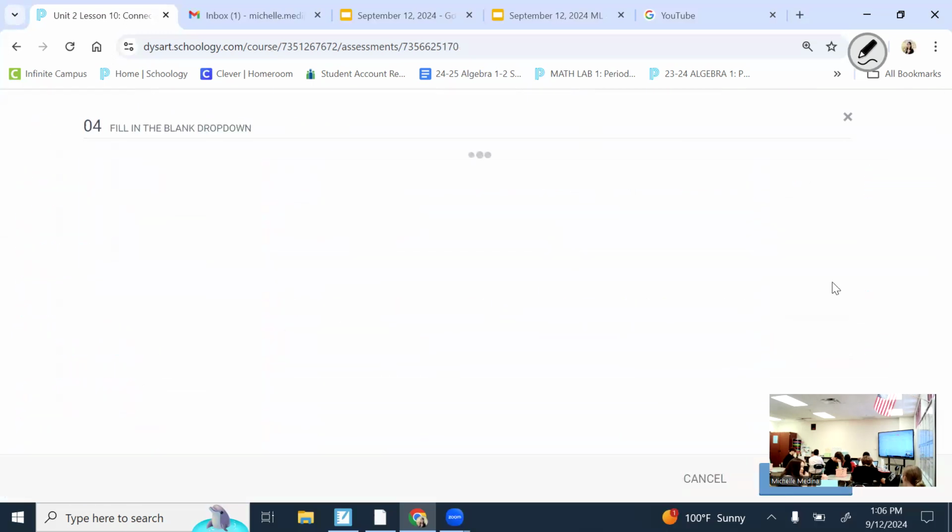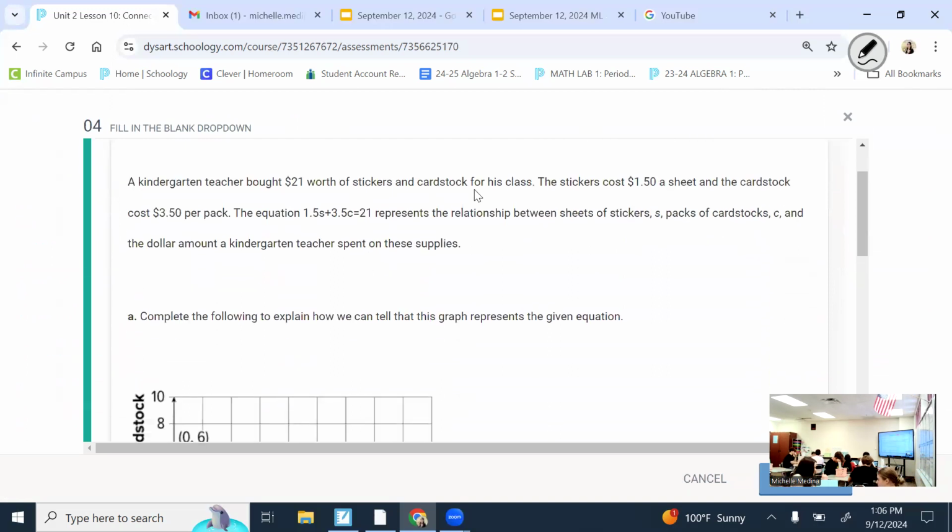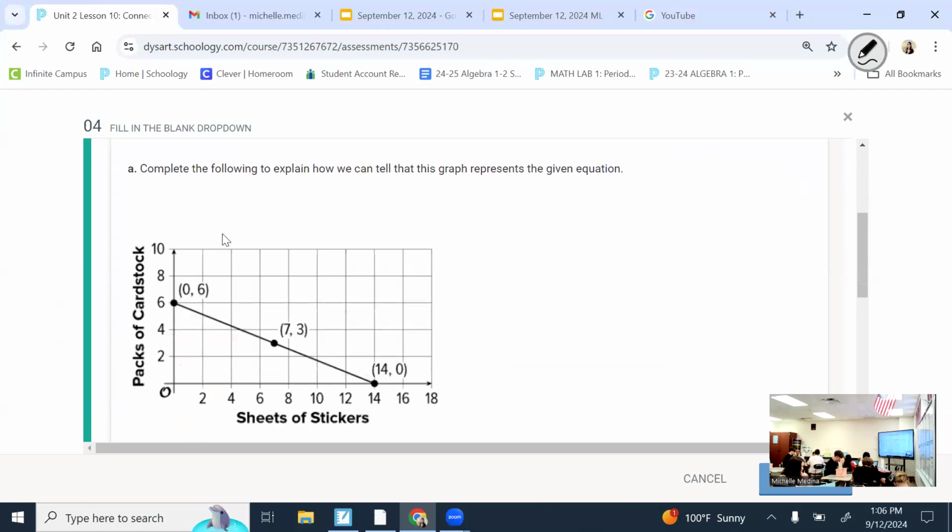Okay, so a kindergarten teacher bought $21 worth of stickers and cardstock for his class. The stickers cost this much, cardstock costs that much. This equation represents the relationship between stickers S, cardstock C, and the dollar amount a kindergarten teacher spent on those supplies.